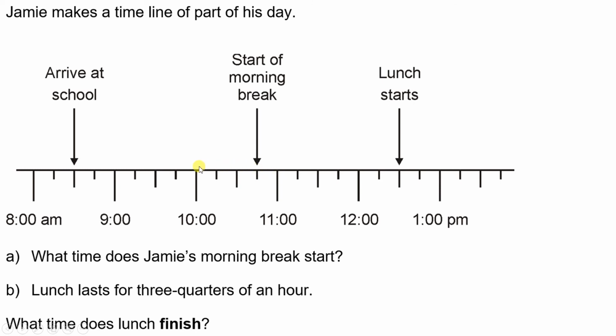So each line is a quarter of an hour, and so a quarter of 60 minutes. Each line is 15 minutes. So his morning break starts after 10 o'clock, 10:15, 10:30. It starts at 10:45.